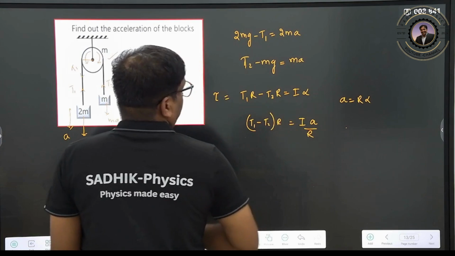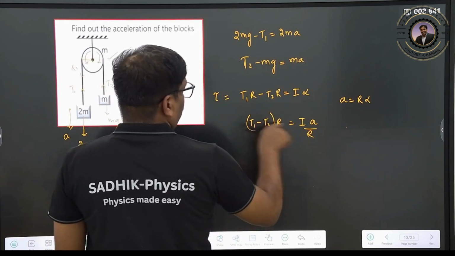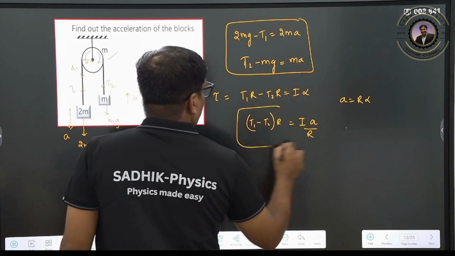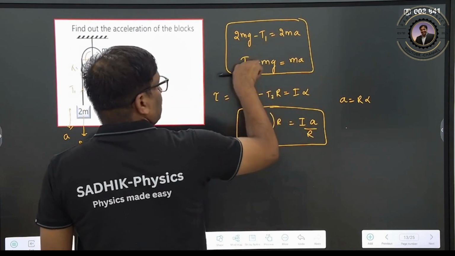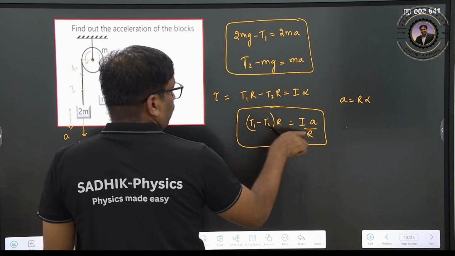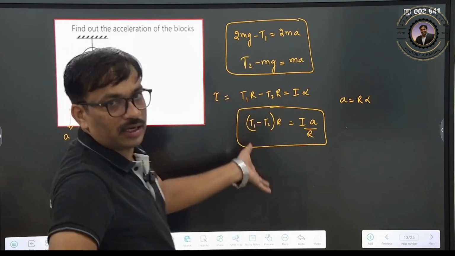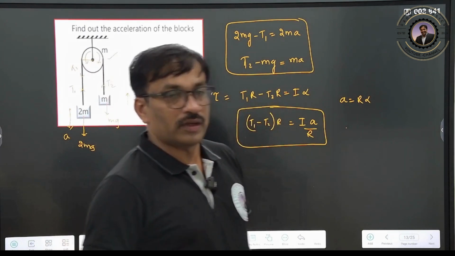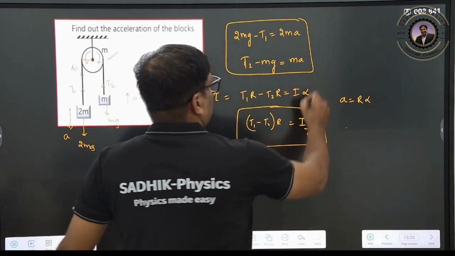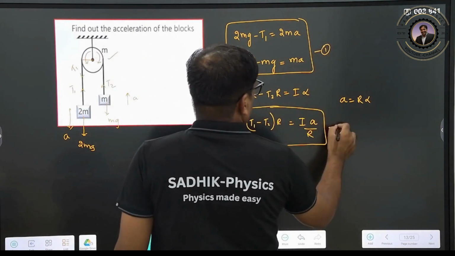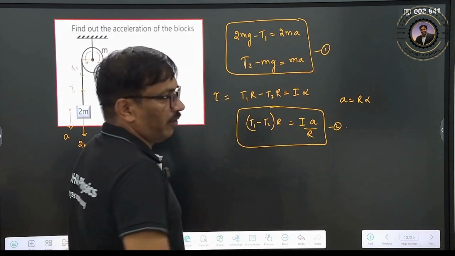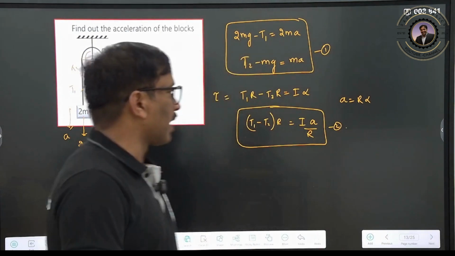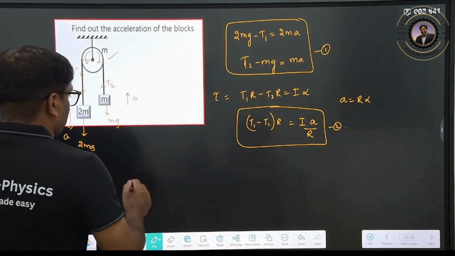So we know these equations, therefore we can calculate T1 minus T2, then eliminate and solve for acceleration. Clear? You can solve these three equations, but I will give one simple trick, with which you can calculate it very easily.